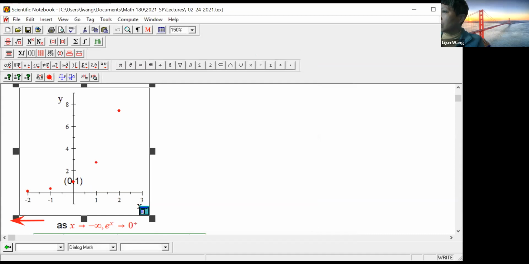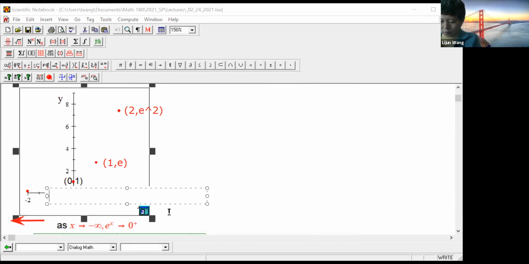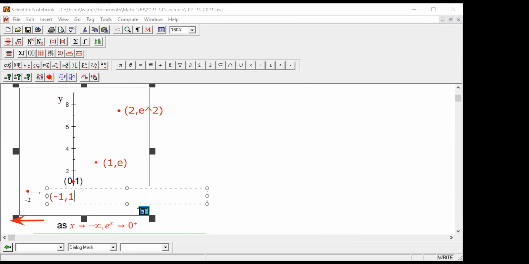I'm going to show you more examples anyway. This point will be marked as 1, e, and this point will be marked as 2, e squared. And this other point will be marked as -1, 1 over e.